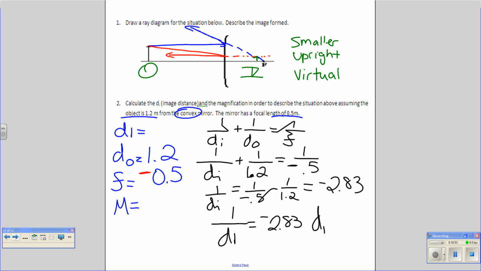But that means that DI is 1 over negative 2.83, which means, did I have that right? Yeah, 2.833333, which gives you 0.353. So DI equals negative 0.353. Okay, so magnification.